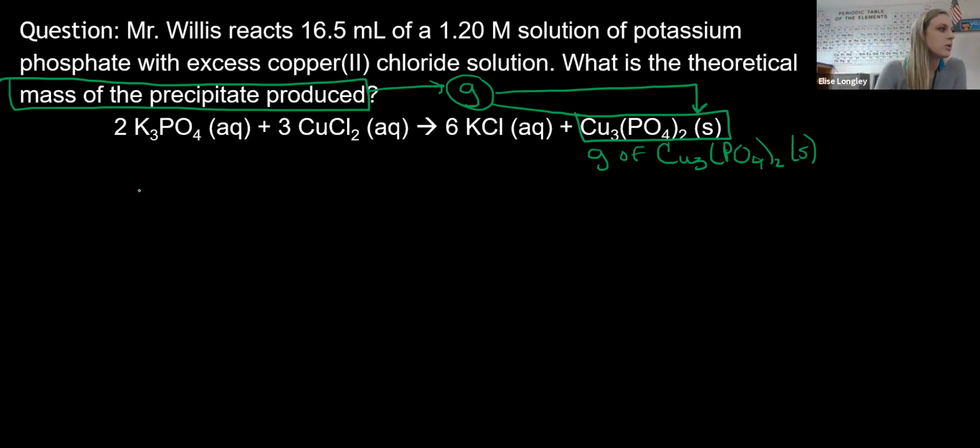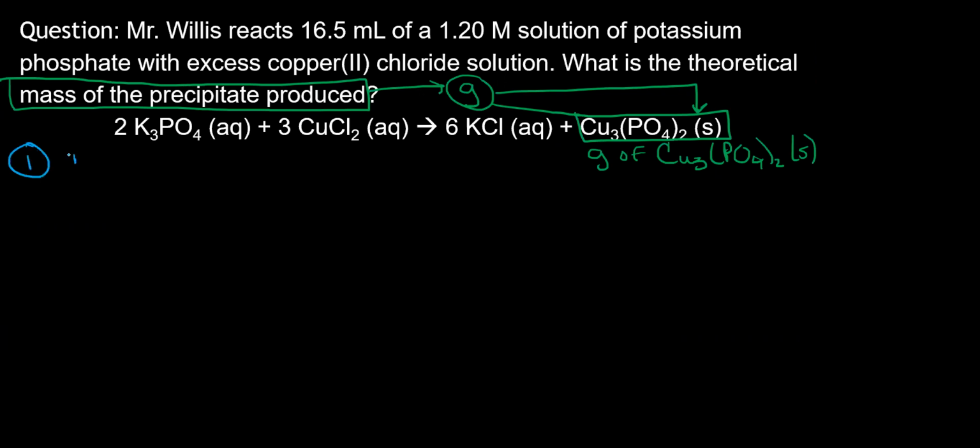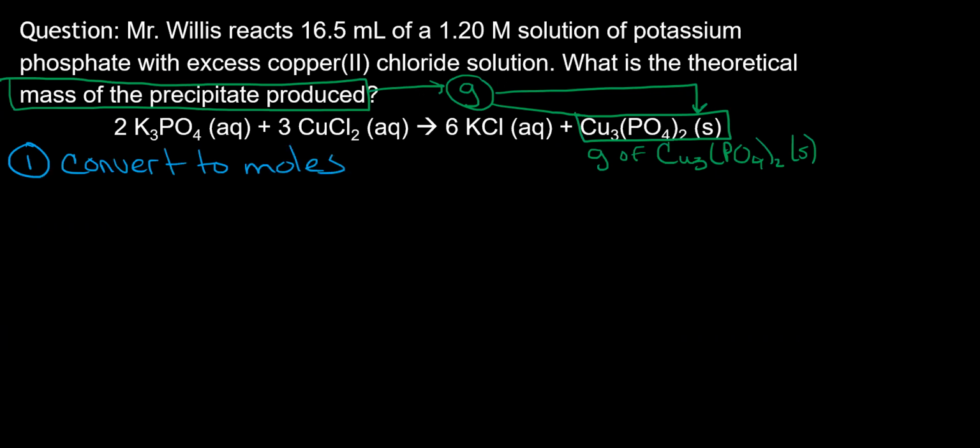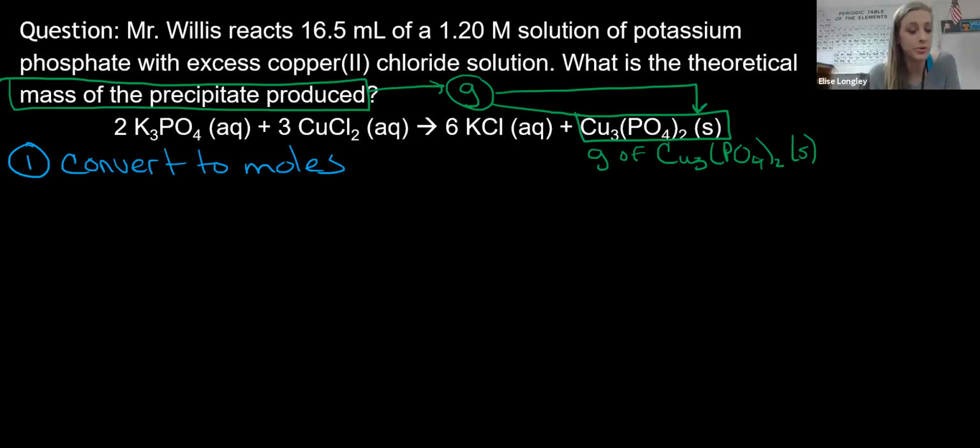Okay, Sangeet, we already have the chemical reaction. It is already balanced. So what is step 1 of stoichiometry? Convert to moles. Yes, we need to convert to moles, okay? So we need to use the part of the formula that can get us to moles. Of our knowns, we have 16.5 milliliters or 1.20 molar of potassium phosphate.